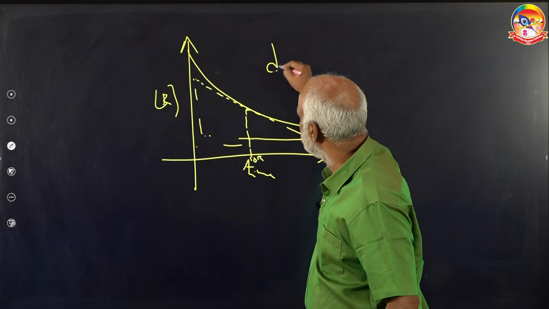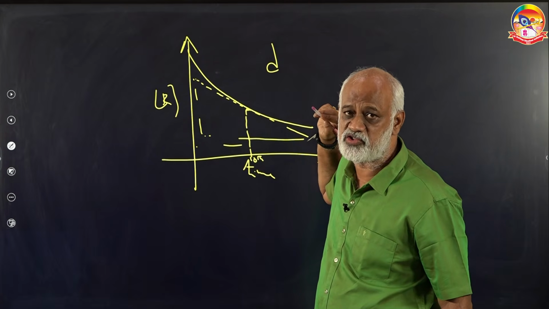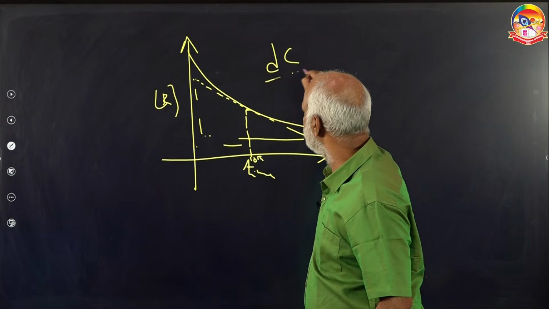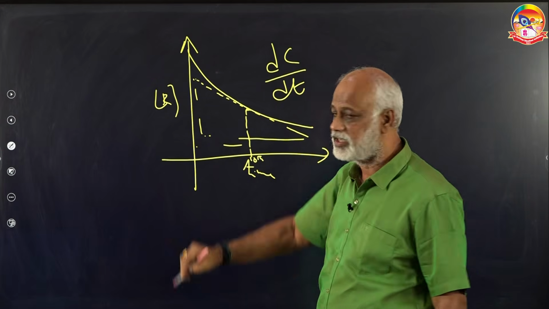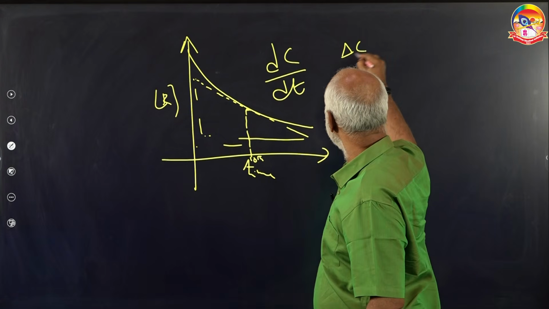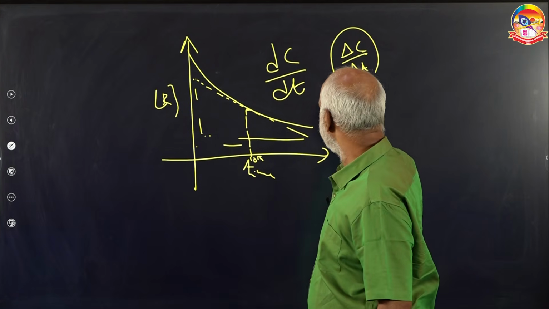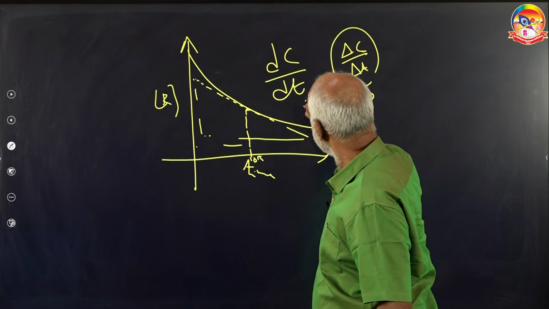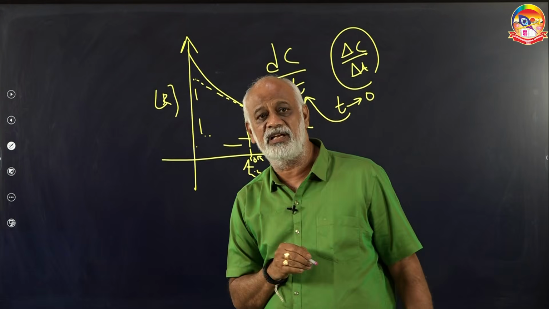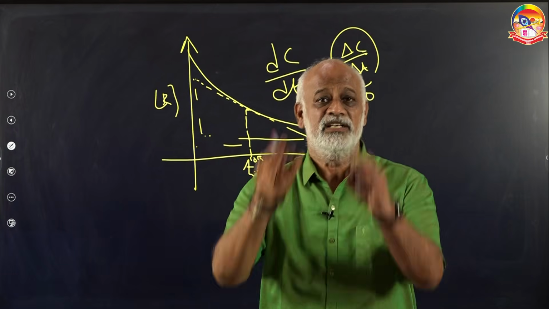Since we are considering a particular time where the time tends almost to 0, we use the notation dC by dt, with small d. When you use delta C by delta T, it is generally average rate. When time tends to 0, then we use dC by dt. dC by dt is called instantaneous rate.